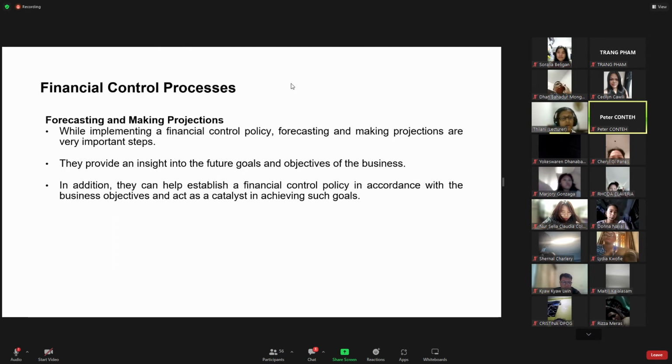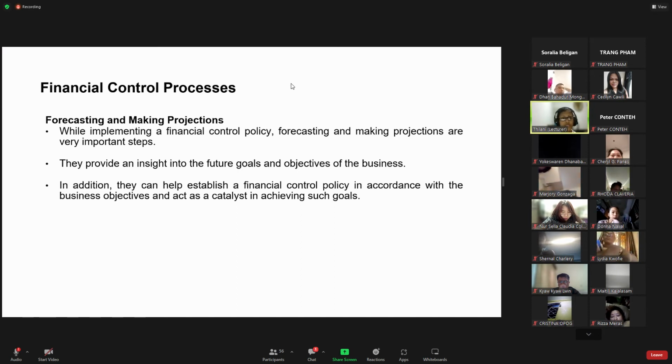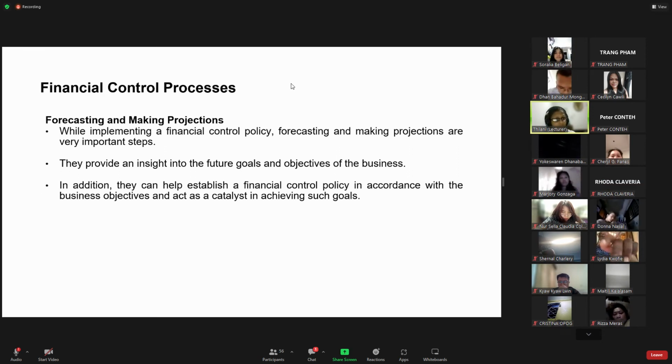Right. So in terms of forecasting and making projections, that's also very important in the financial controlling process. When you're implementing any kind of financial policy, you need to make a forecast and certain projections, which are important steps. Now, you might make a sales forecast. You might even make projections with regards to your finances.